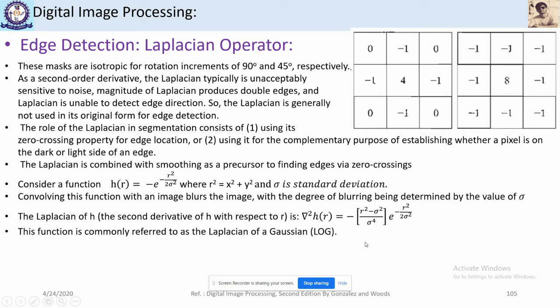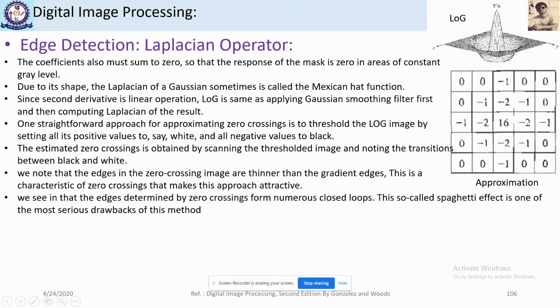Now if we plot this Laplacian of Gaussian, then its mesh will appear like this. It will have a very high positive value at the center, then some negative values, and then zero values as x and y increase. So this is the Laplacian of Gaussian mesh. Its approximate mask can be given by this.